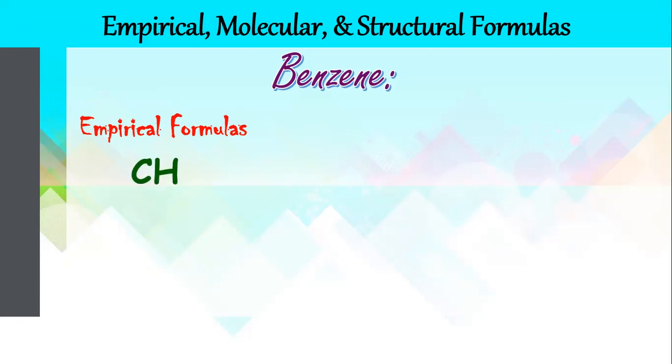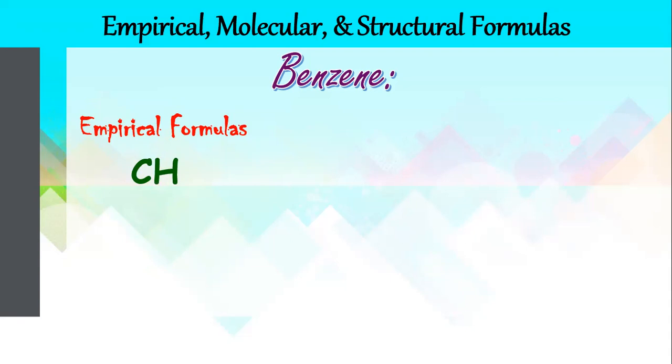Now, you might say, well, okay, that's nice. I know now that if I'm dealing with benzene, I have one carbon for every one hydrogen. But how many of each of these do you actually have in a benzene molecule?